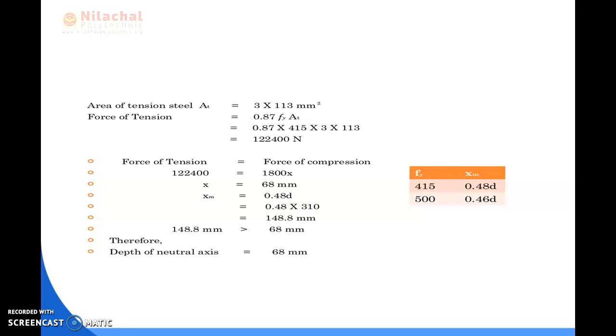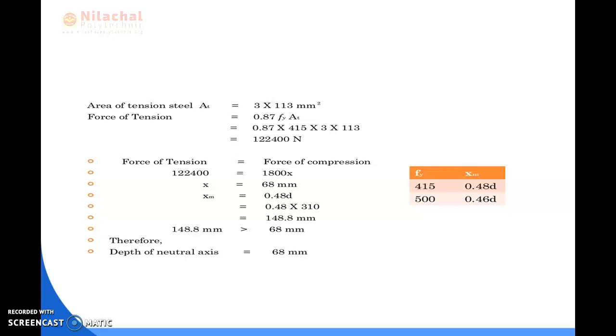So x is equal to 68 mm. Then xm, the maximum or limiting depth of neutral axis, we can find from IS 456, page number 72. The xm normally depends upon the fy value, the grade of steel.